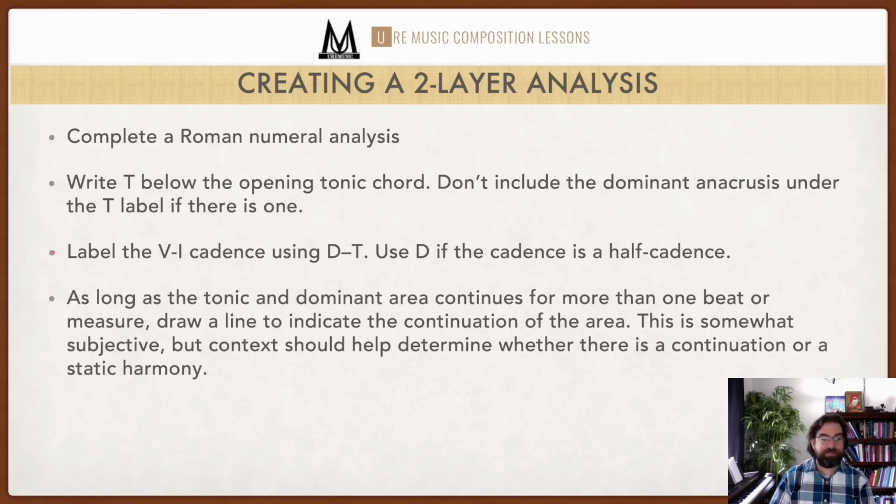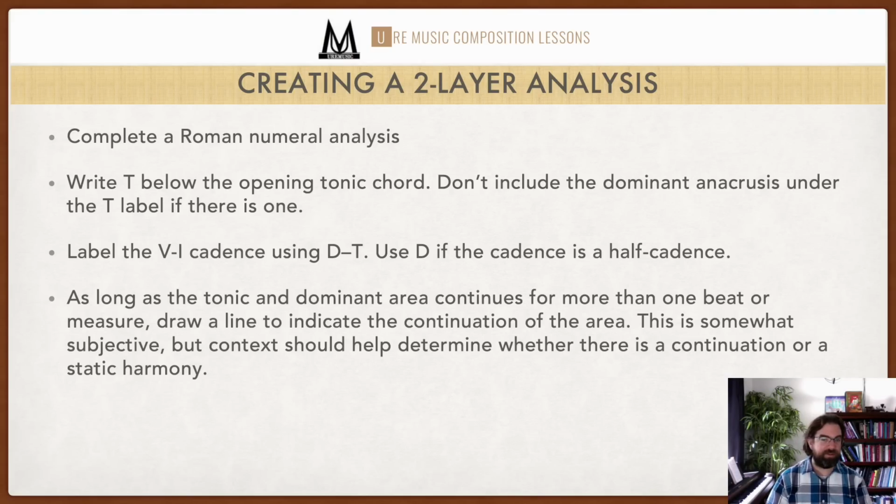So then you label the 5/1 cadence using D to T. Use D only if you don't have a final 1 chord, and that would indicate you're actually dealing with a half cadence. So real quick, how do you know what a half cadence is? A half cadence is anything that ends on 5.